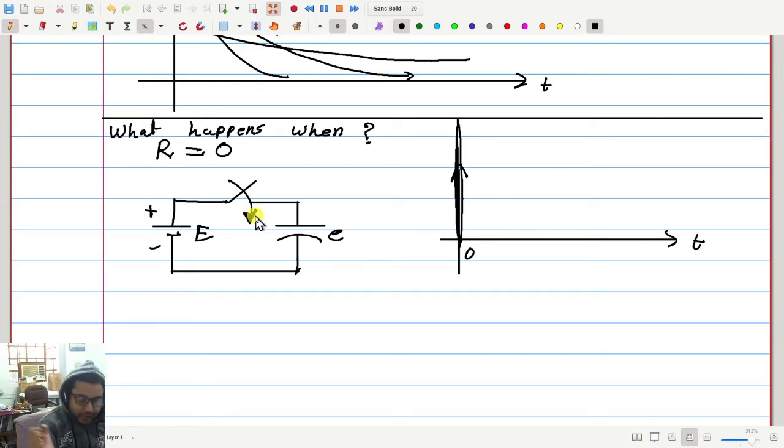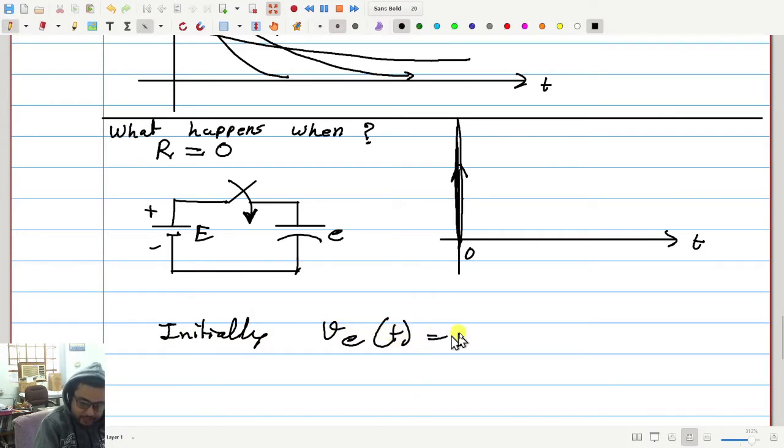We are saying that initially there was no charge across the capacitor, so initially Vc was 0 at time t equal to 0, because before that the switch was open and no charge could come.